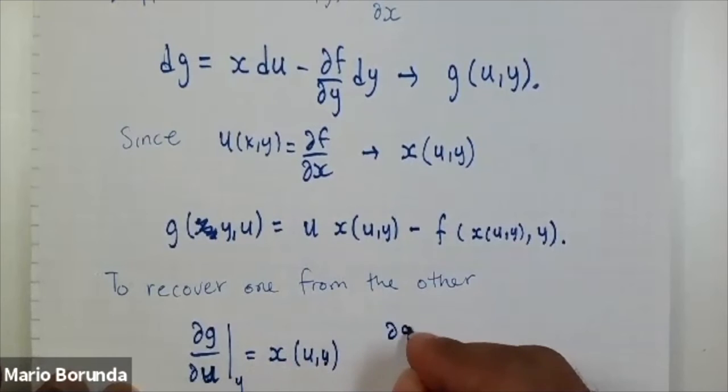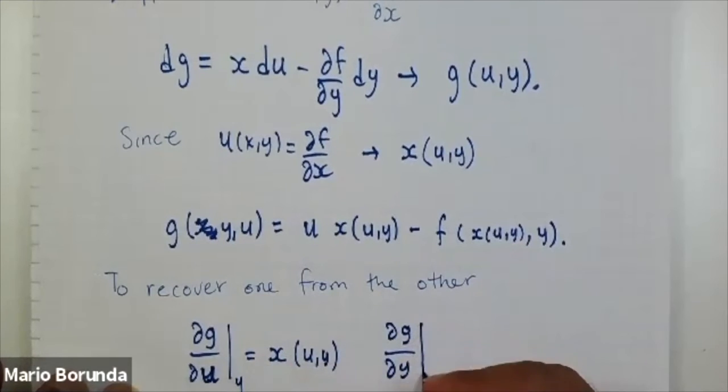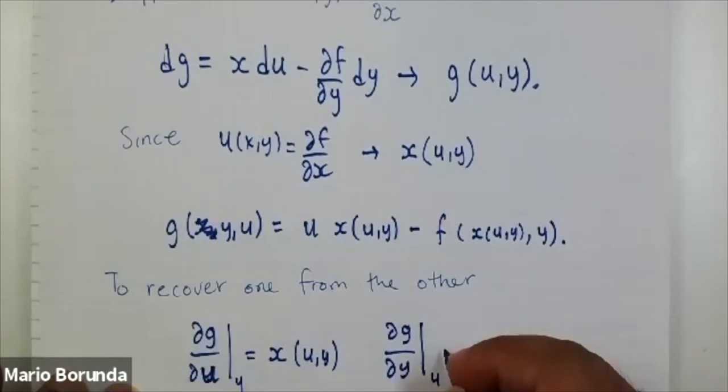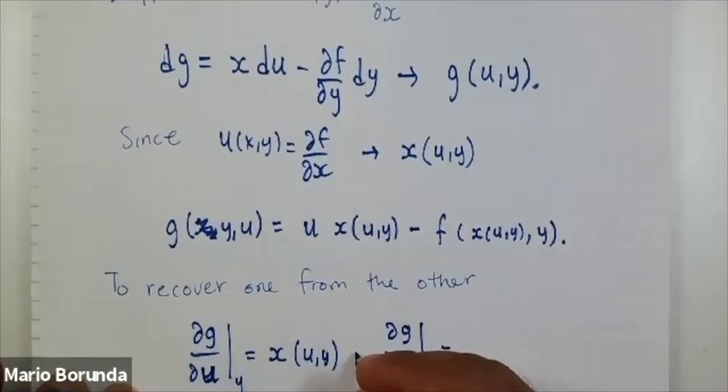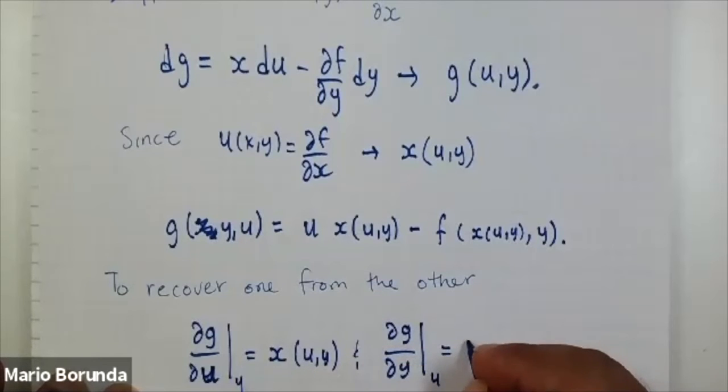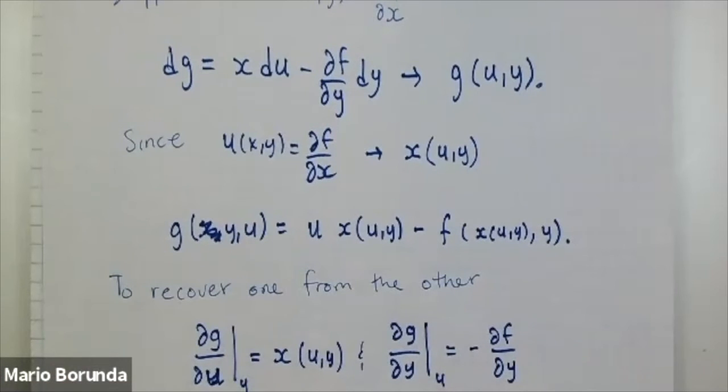And if you have the partial of G with respect to Y, evaluate it at U, because that's my two parameters, right? For G it's Y and U. You get the negative partial derivative of f with respect to y.